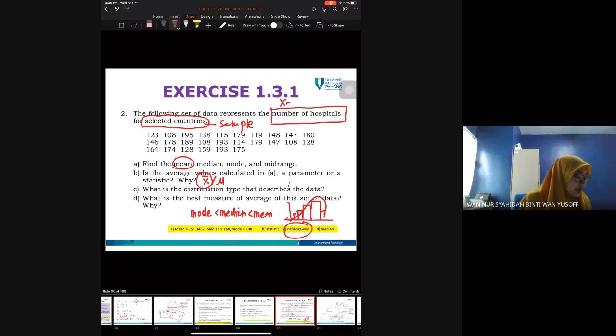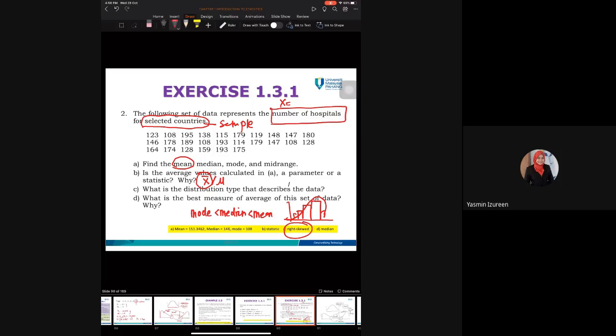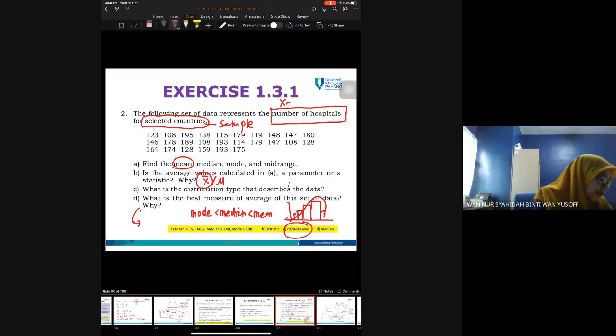Okay. What is the best measure of average of this set of data and why? It is median because it is less affected by the outlier. Okay, it is median, but that is not the reason.